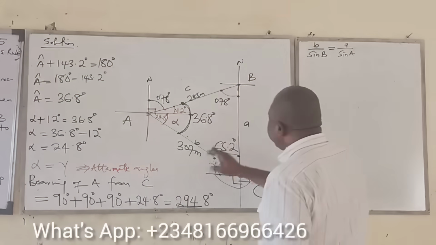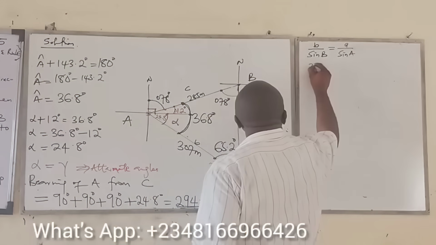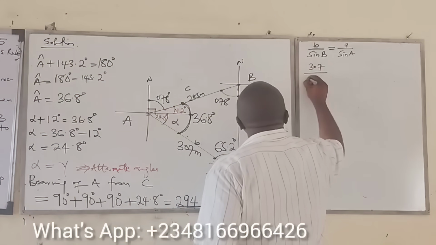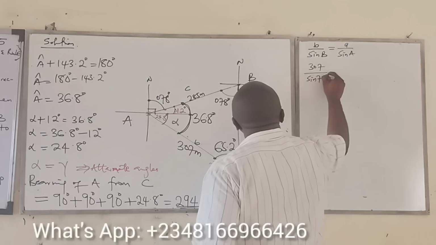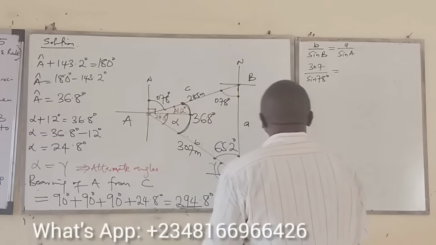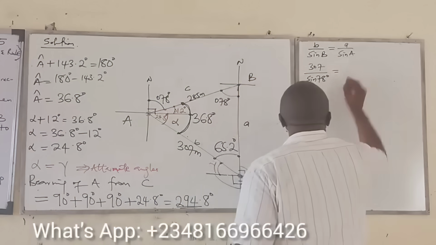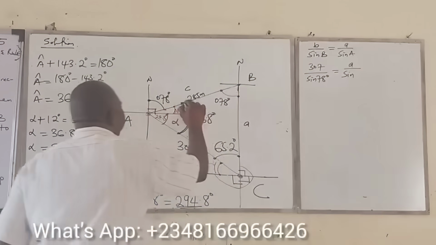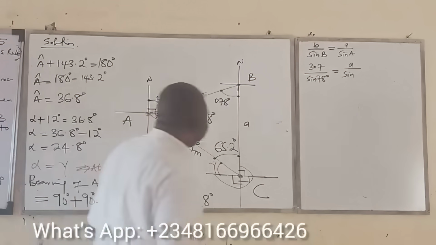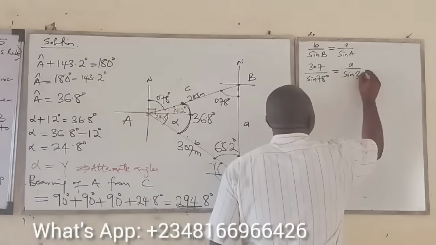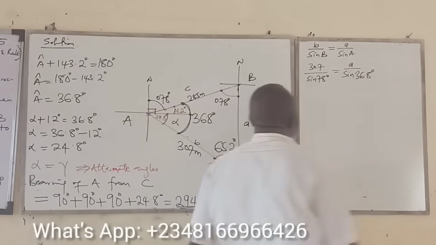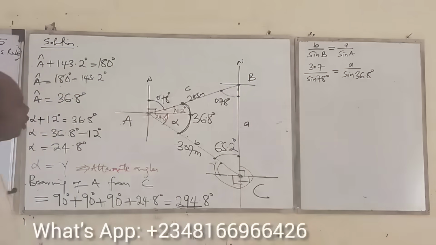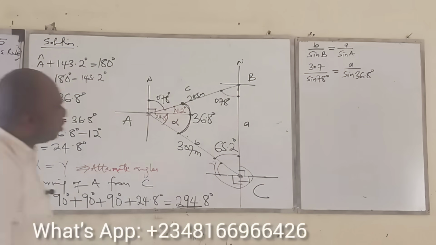Now our small b is 307 over sine 78 degrees, which is equal to our small a over sine of the value of angle A, from this point to this point, that's 36.8 degrees. At this point, we can cross multiply.